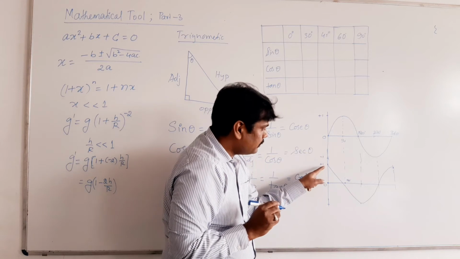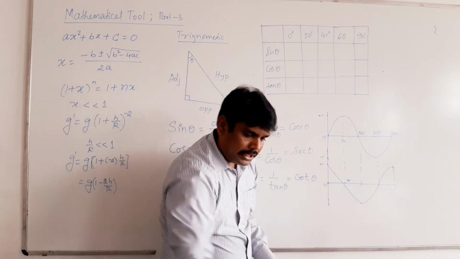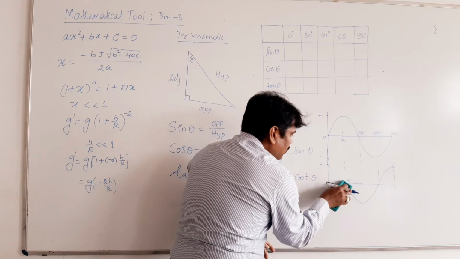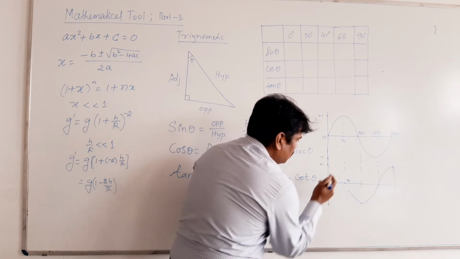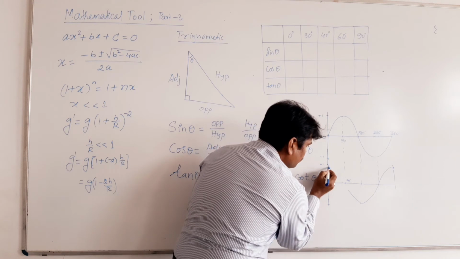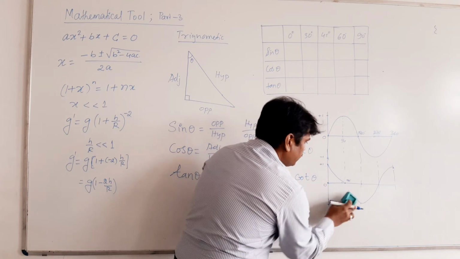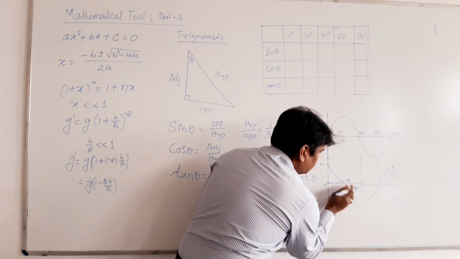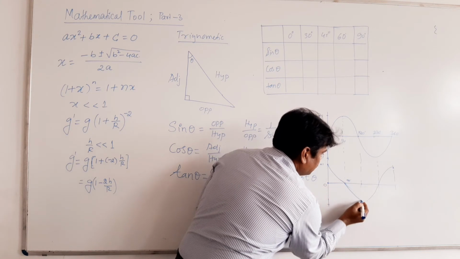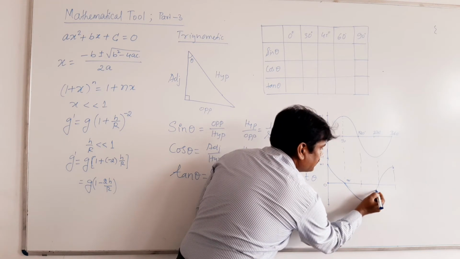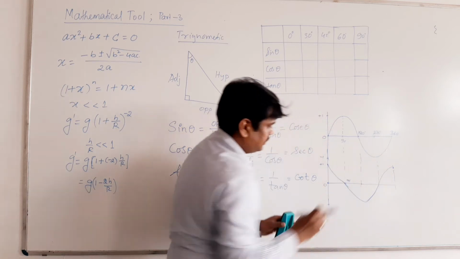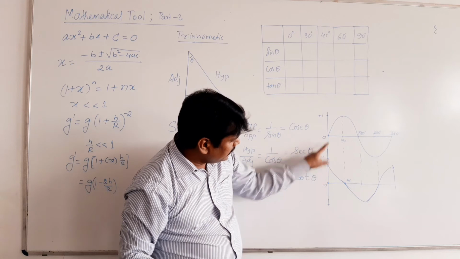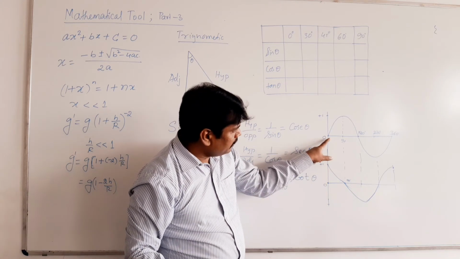See, from 0 degree to 90 degree, the cos value decreases to 0 and then increases in the reverse direction like this. Here, at 0 degree, what is the value?